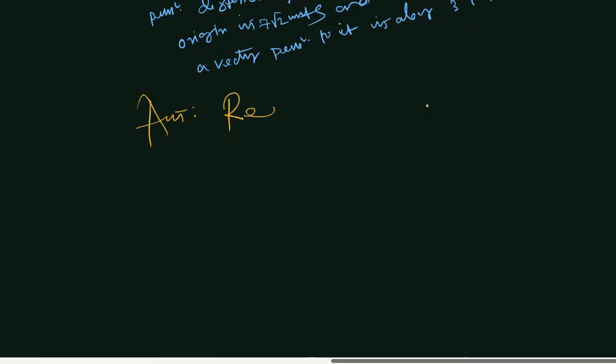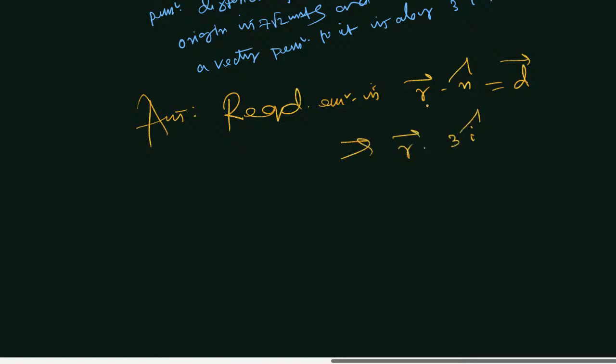The required equation is, you keep R in terms of R only, write the unit vector (3i plus 4j plus 5k) by root 50 is equal to 7.